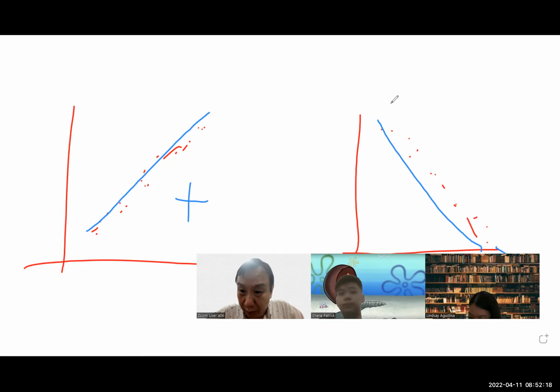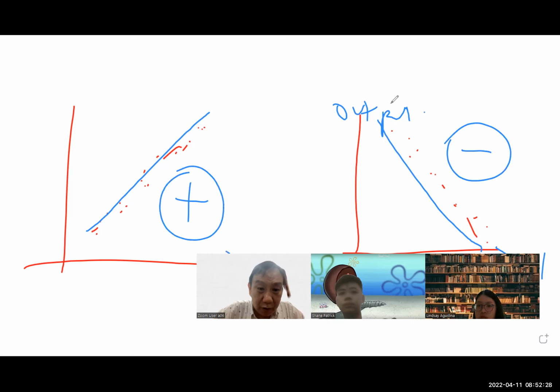If this is your input and this is your output, positive correlation means when your input is higher, your output is also higher. Negative correlation means when your input is higher, the output is lower. So similar to standard deviation, which is a measure of dispersion in one variable, now you measure the dispersion between two variables.